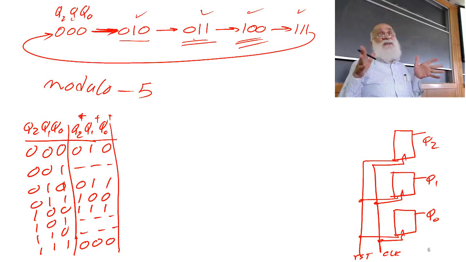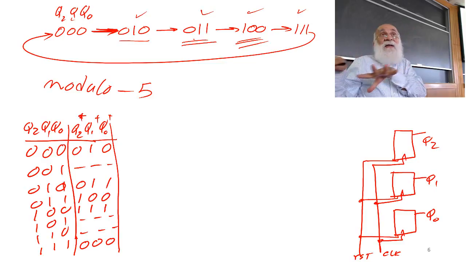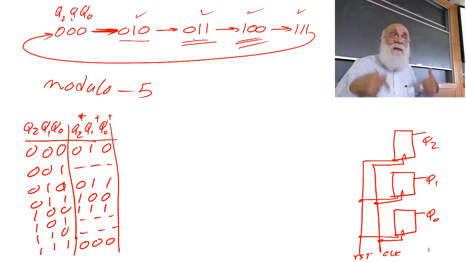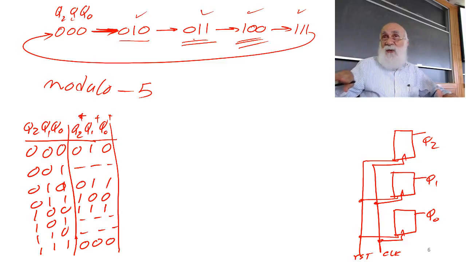When I get to the transition table, I have to decide what kind of flip-flops I want to use. Yesterday, because the transition table had that nice pattern to it, I said I'm going to be using the toggle flip-flop. Here, I don't have that nice pattern, or a pattern that matches the toggle flip-flop.